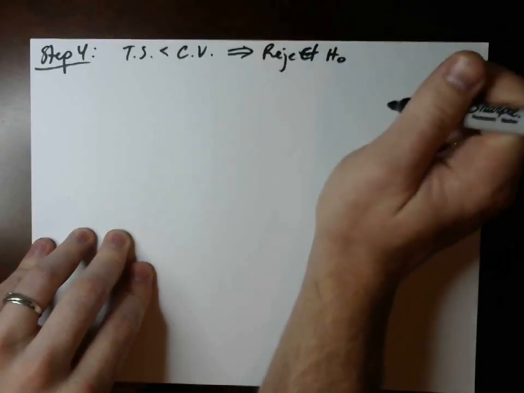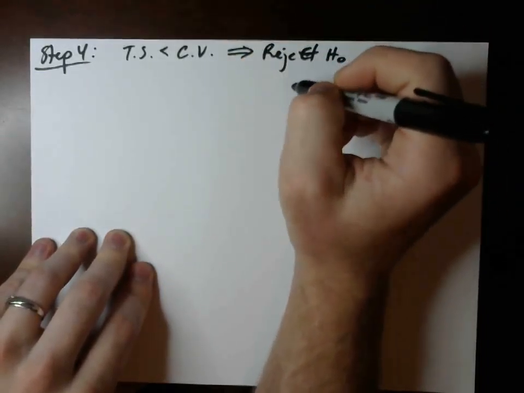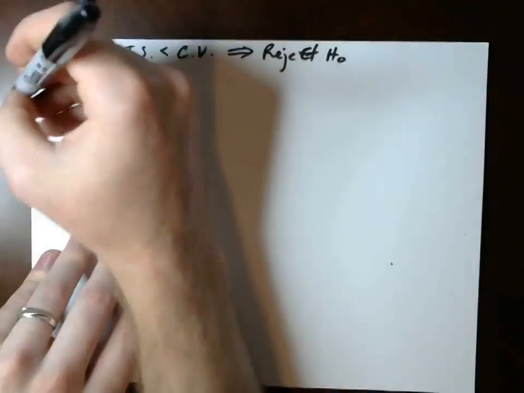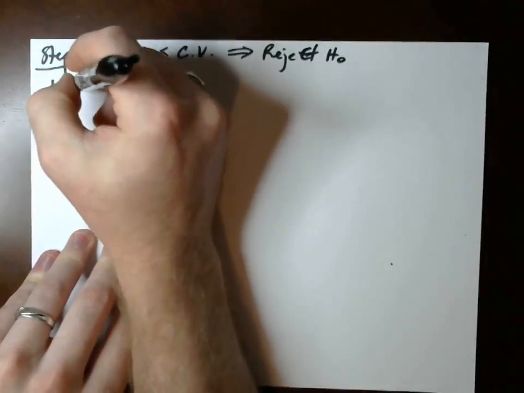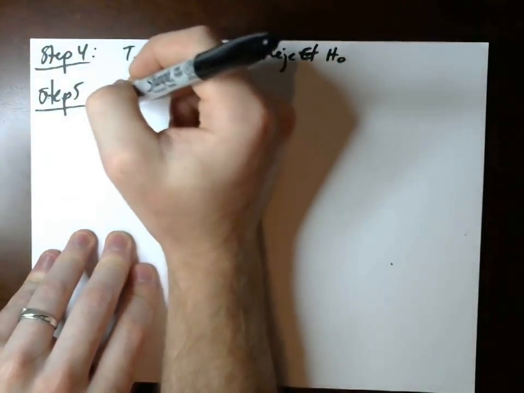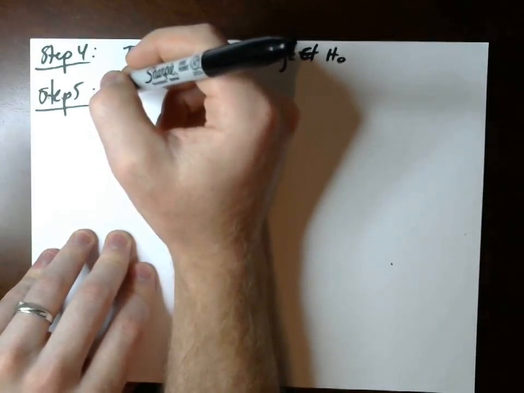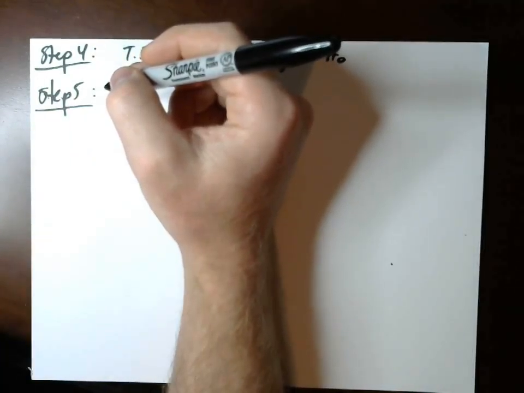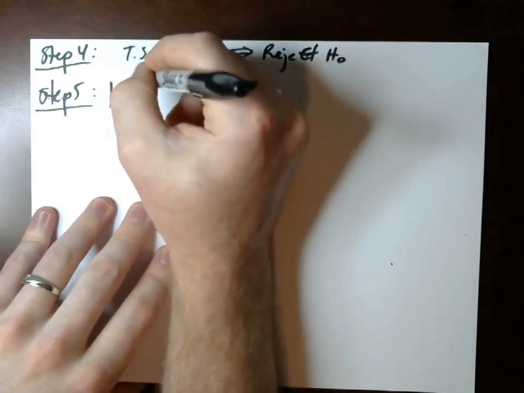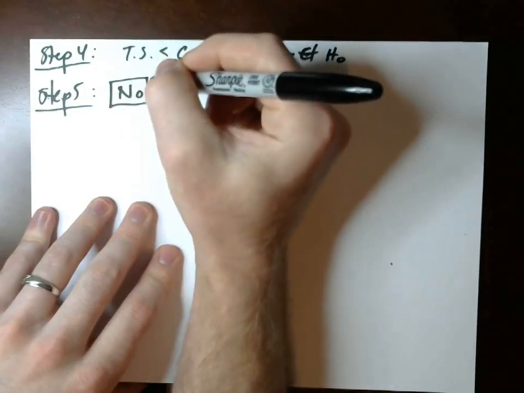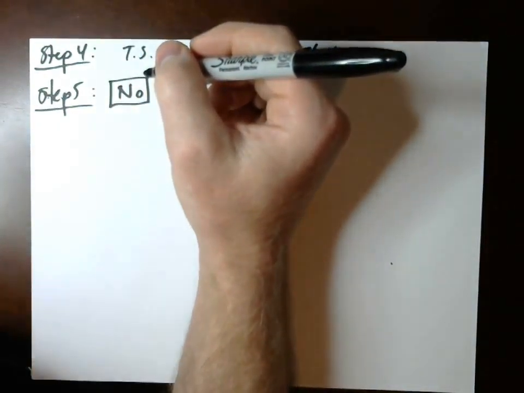Okay, so that tells us how to word our step 5. So first off, remember the flow chart. Does the original claim contain the condition of equality? Since we're doing a left tail test, you should be able to see that that would be a no, because we have a less than.